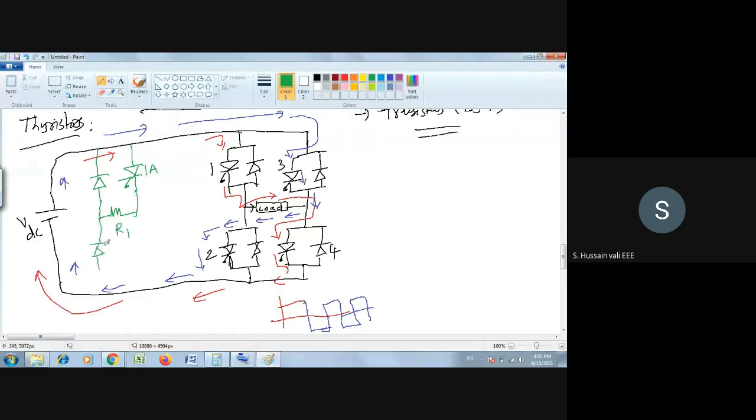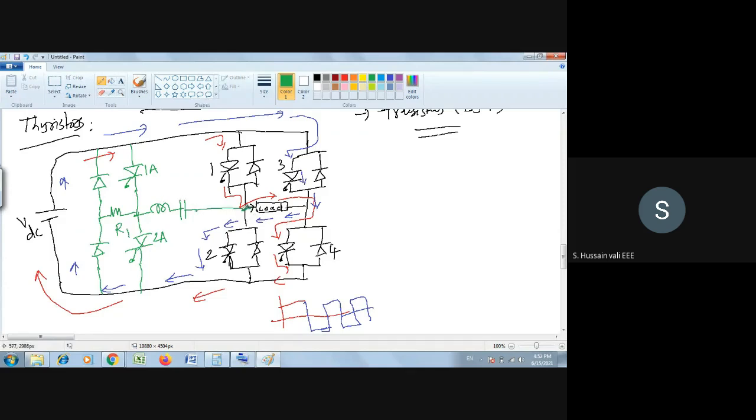There is another diode, and there is another thyristor. This is 2A. Then you have an inductor, and you have a capacitor, and this capacitor is connected at this point.